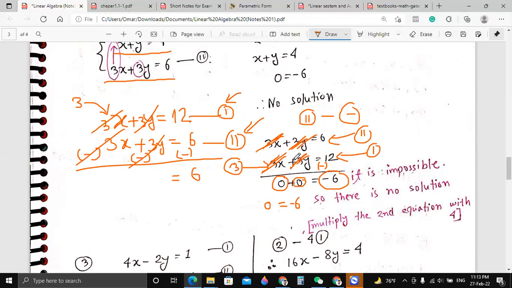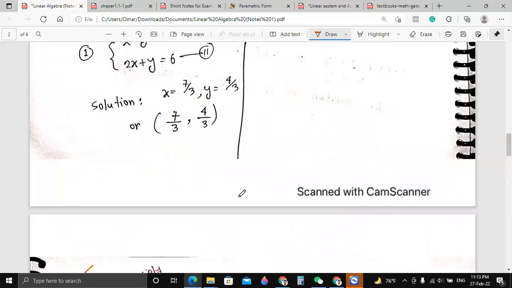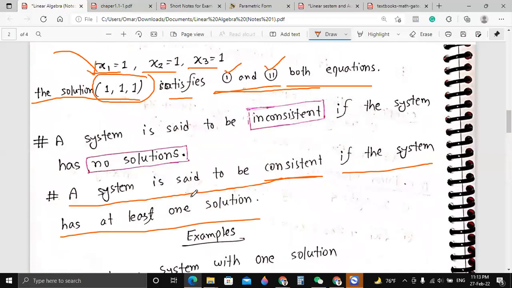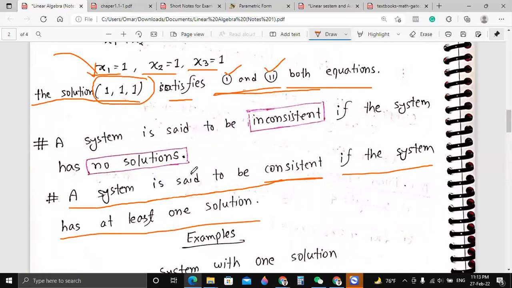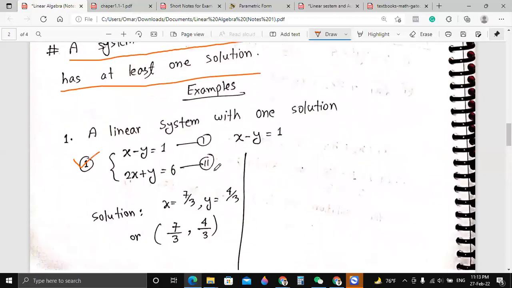So how can we find the solution? At least we need x on the left side and everything else on the right side, right? Before, when we tried to find a solution, for example, this was x minus y equal to 1 and 2x plus y equal to 6. So we multiply 2 with the first equation.